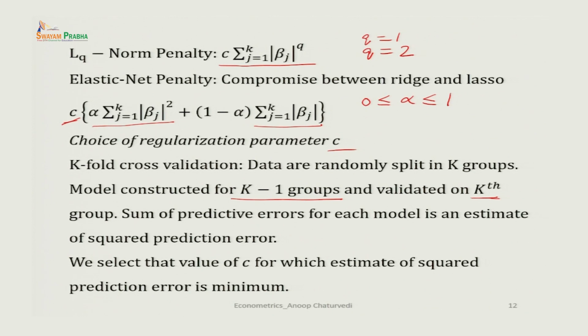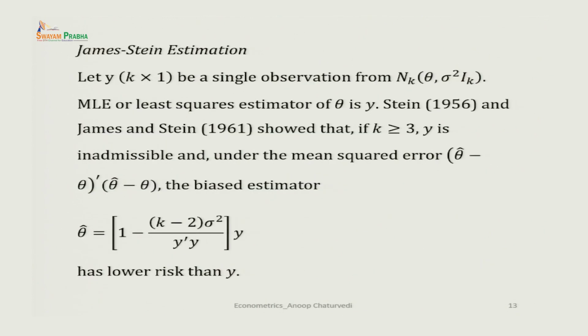So, this is how you can get an operational value of C. You can apply this method for ridge also for obtaining the value of C, or for the lasso or for elastic net, etc. Now, we come to a class of shrinkage estimators which is known as the James-Stein estimator.